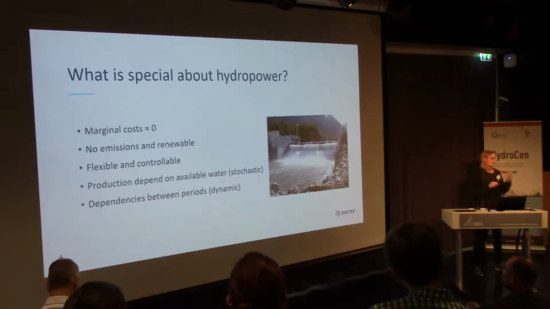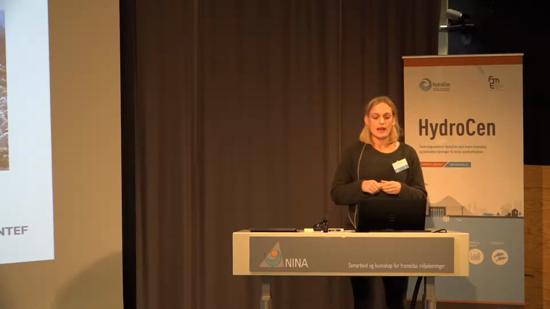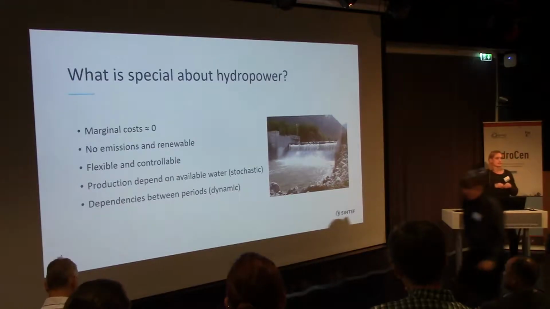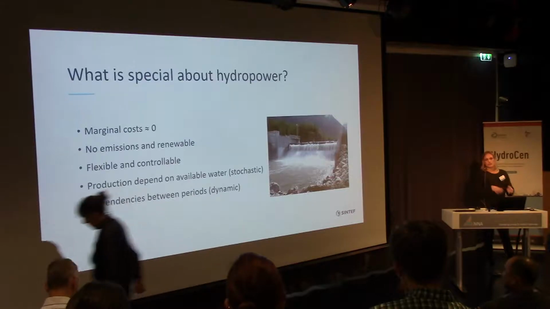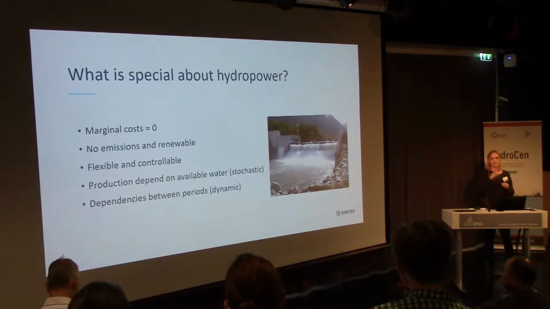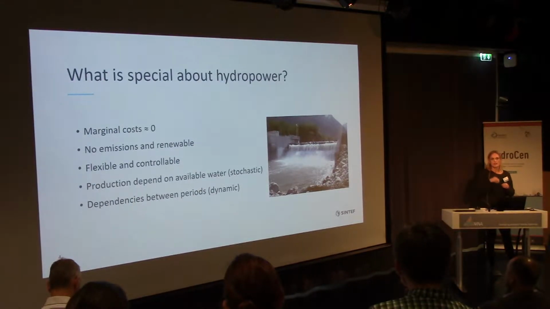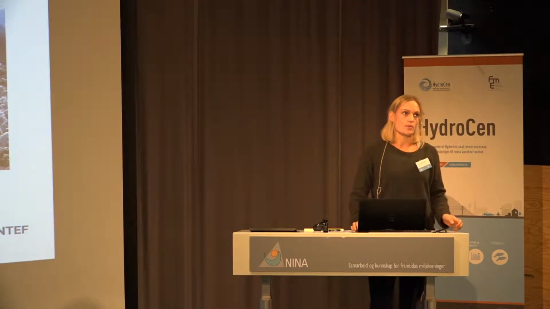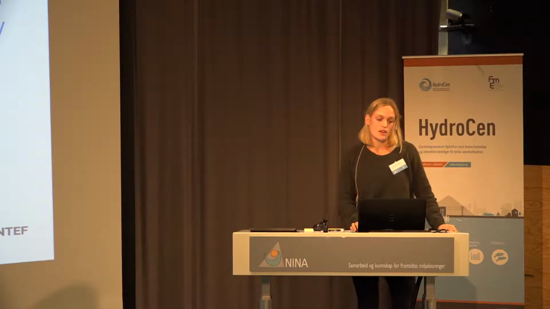So it's stochastic, which means that we have uncertainty. And it's a dynamic problem. What I do today will affect what I can do tomorrow. So there are dependencies between different time periods, which makes it more complicated to make an optimal strategy.